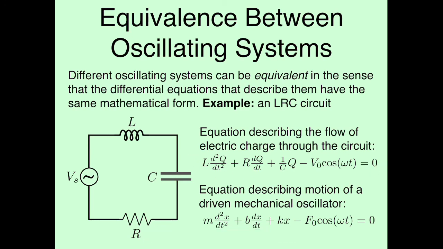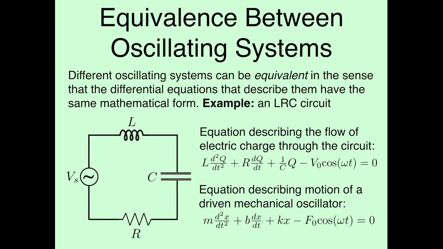Now, let's not concern ourselves with the details of this, okay? Because if you haven't even taken electricity and magnetism, you don't know what L, C, and R actually mean. But just look how the mathematical form of it is exactly the same as the equation for a driven mechanical oscillator.